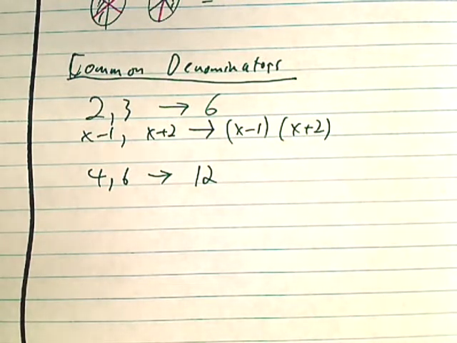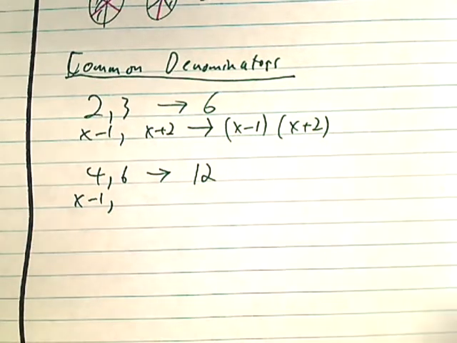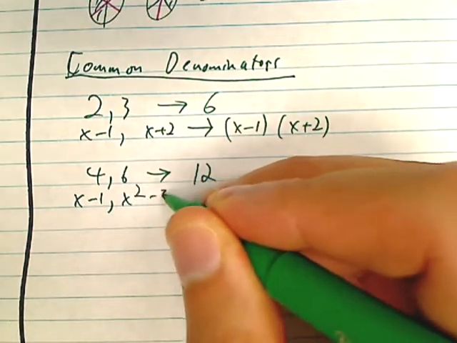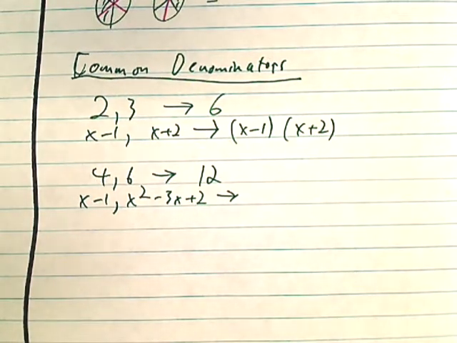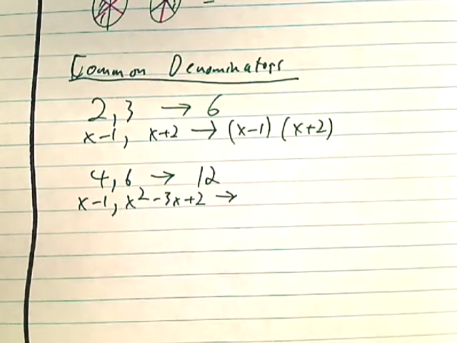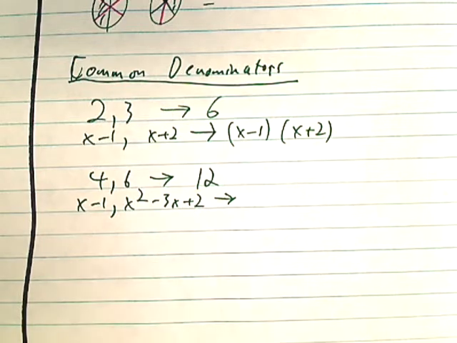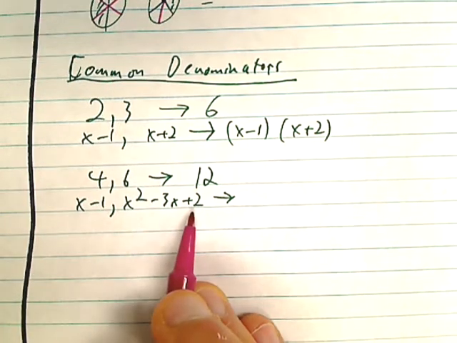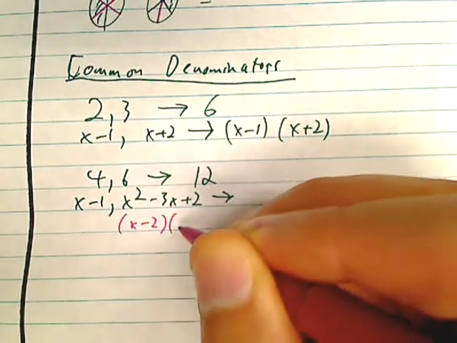Okay, let's look at an algebra-like example. So if I have x minus 1 and x squared minus 3x plus 2, well, what would that give me? Do they have any factors in common? Well, they do. 4 and 6 have a factor of 2 in common, and I can just see that by looking at the numbers. I know they're both even. I can't really do that here, though, so we need to factor this out manually first. Numbers that multiply to 2 and add to negative 3 are going to be negative 2 and negative 1.